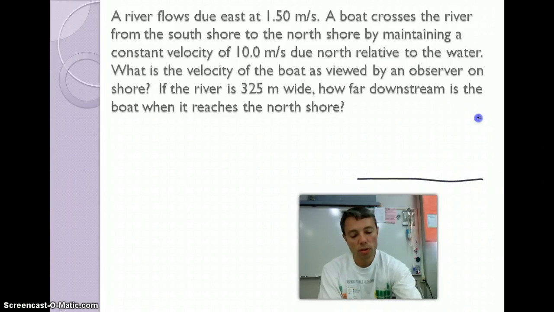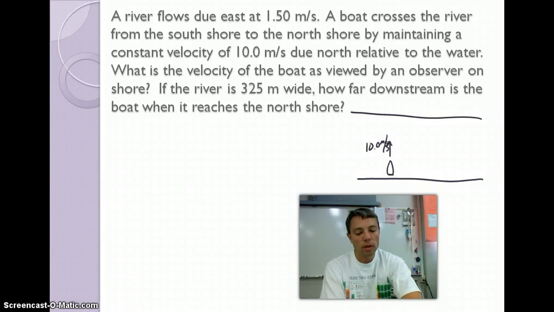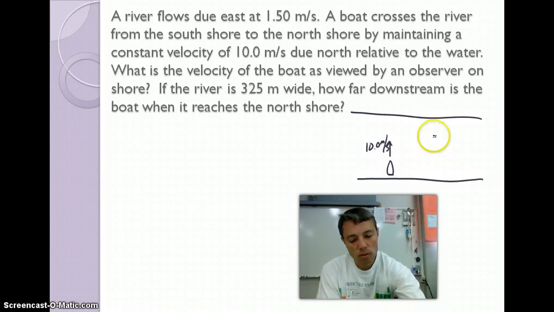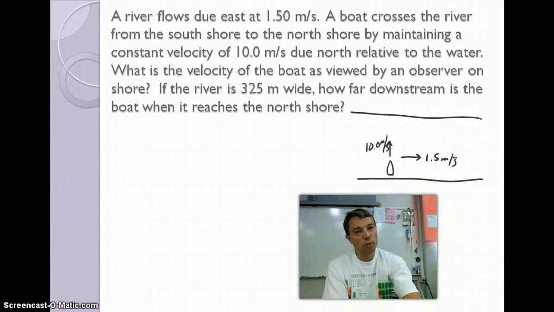Here's my north shore, okay, and then here's my boat that's in the water that needs to go across. It'll have a velocity of 10 meters per second, and then the river's flowing due east. So in other words, the river is flowing due east at 1.5 meters per second. Okay, now I didn't draw my arrows very proportionately.